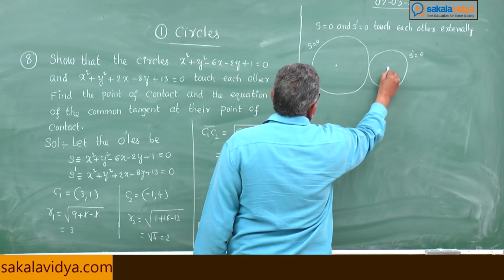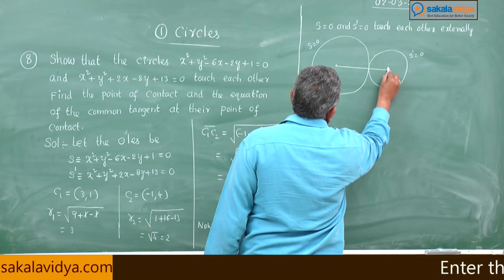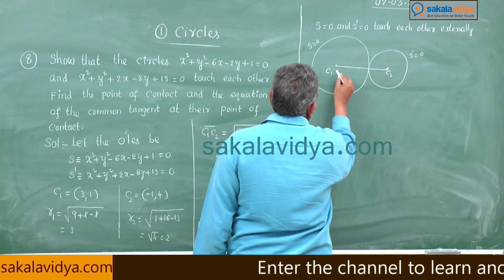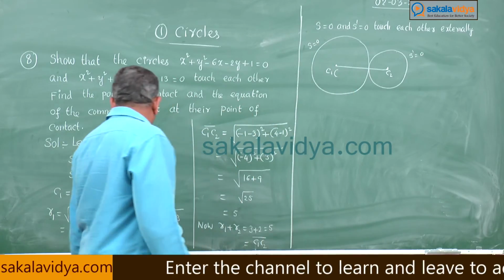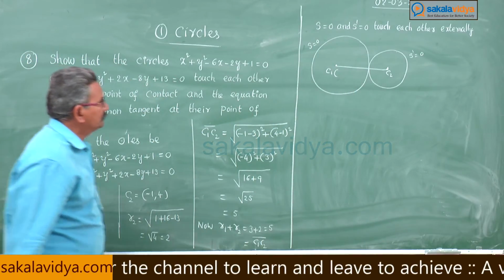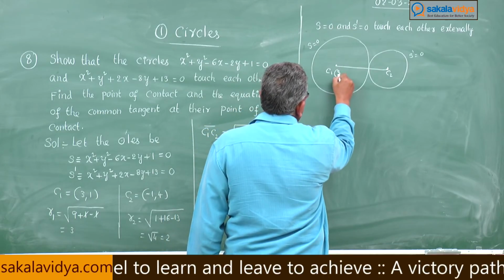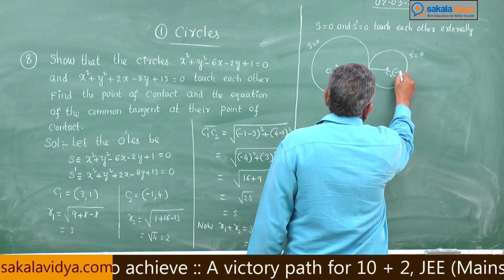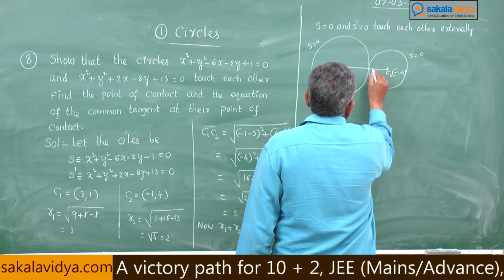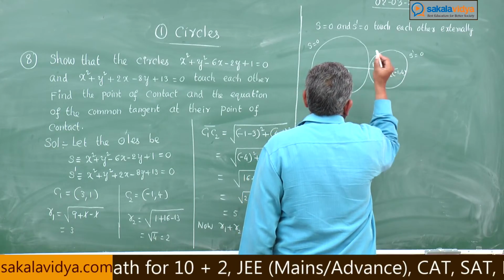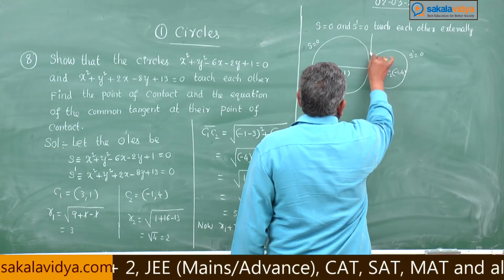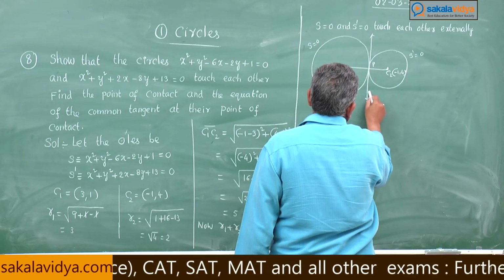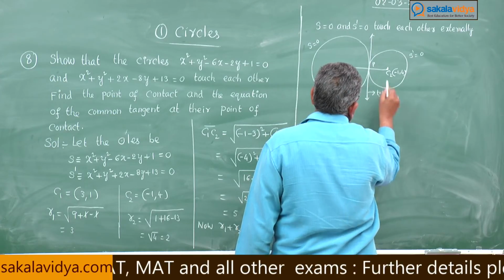This is called the line of centers, say C1, this is C2, where C1 is (3, 1) and C2 is (minus 1, 4). It is the point of contact P. This will be the common tangent.